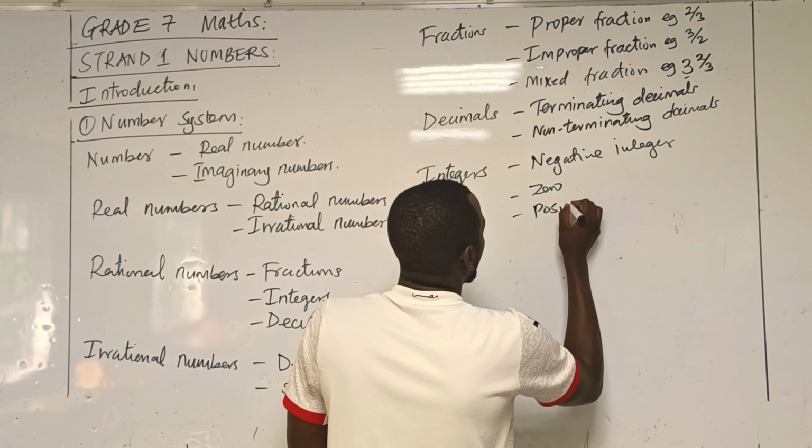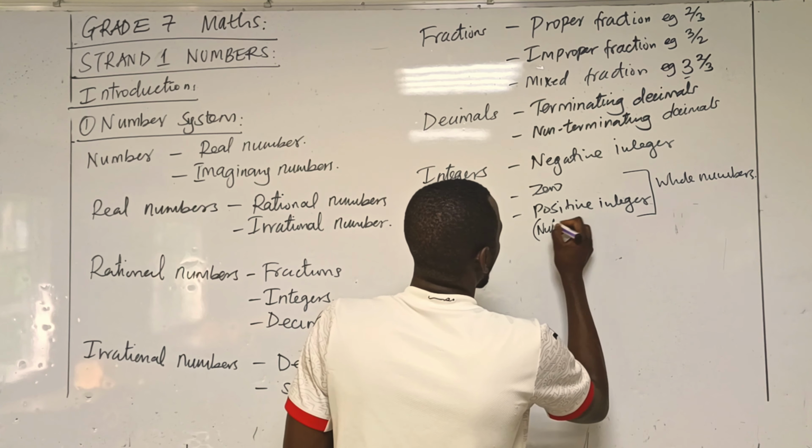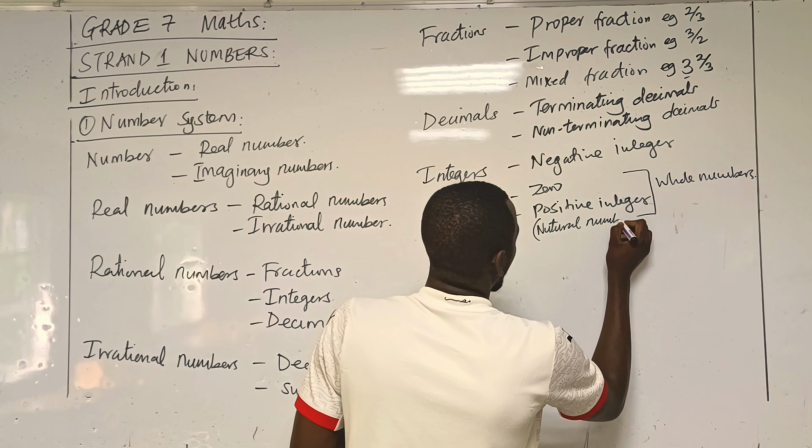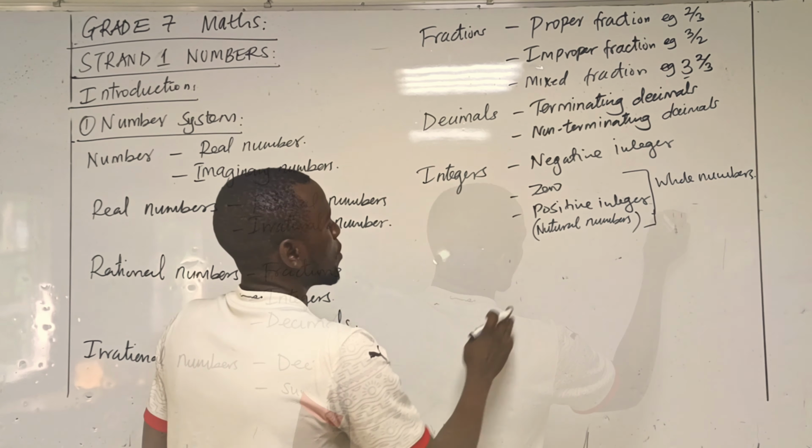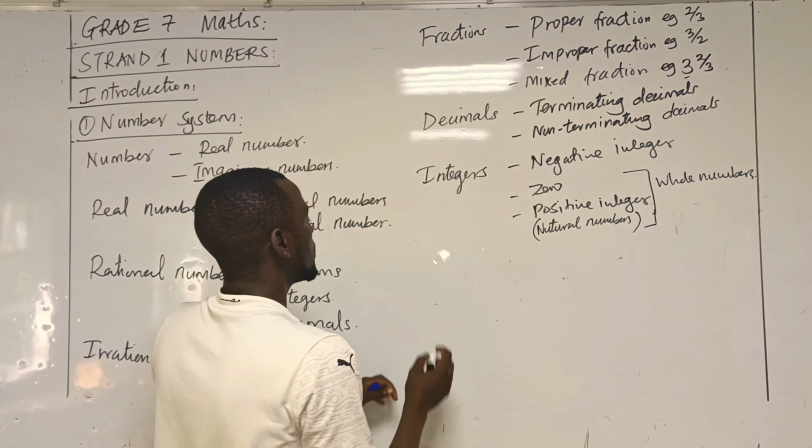But zero and the positive integers are also known as whole numbers. Positive integers are also known as natural numbers. So let's talk about natural numbers.